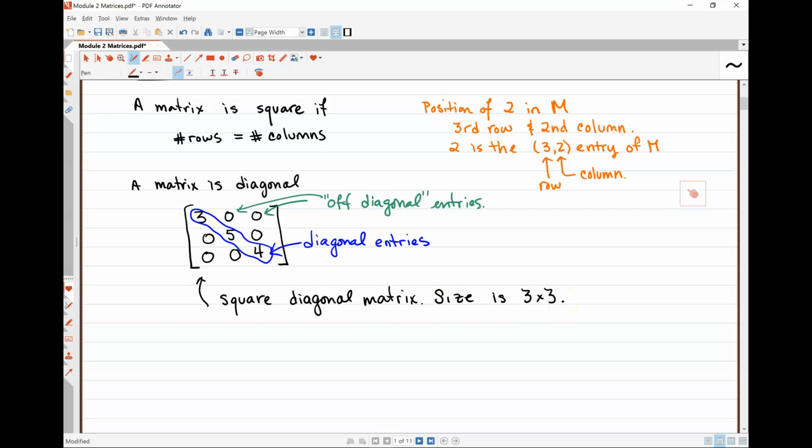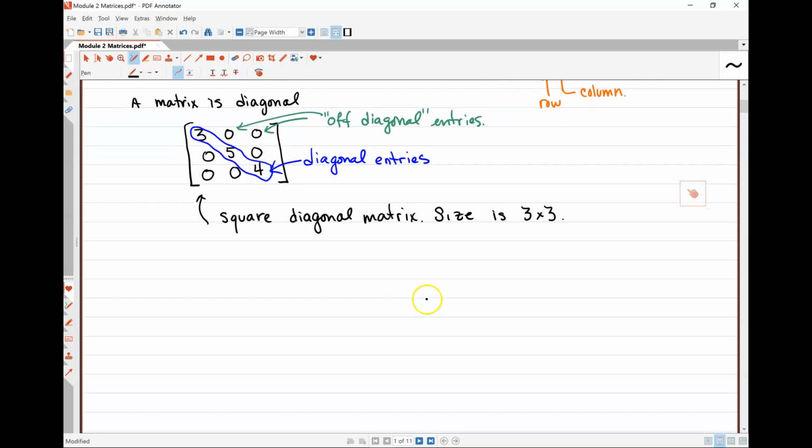Okay, so we've got some words down now. Let me tell you about just a couple of special matrices. One is called the identity matrix. The identity matrix is generally a square matrix, although sometimes people will talk about an identity matrix that's not square, that has 1s on the diagonal and 0s everywhere else.